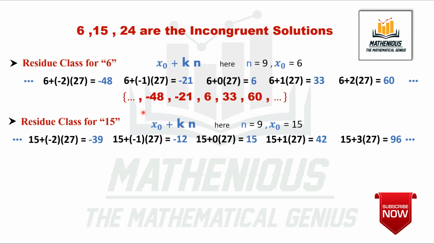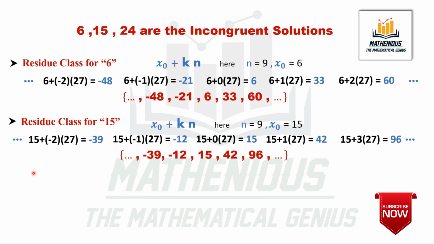Writing all of them in a set: minus 39, minus 12, 15, 42 and 96, and so on on both sides. If I put any one number from this set, you will be able to satisfy the given congruence given in the previous slide.